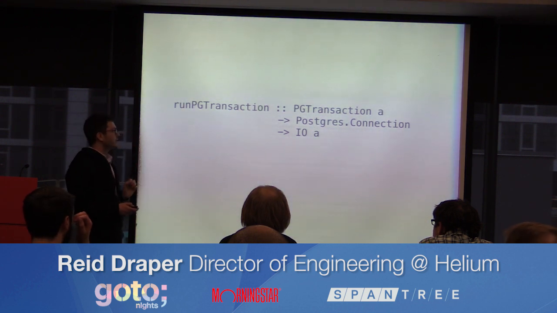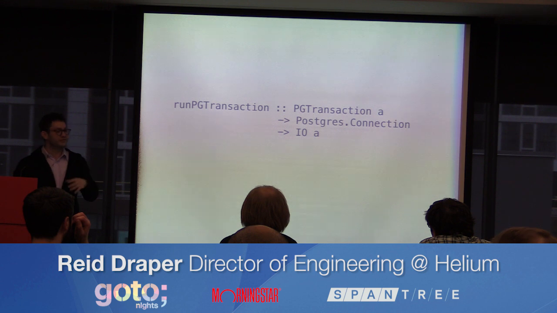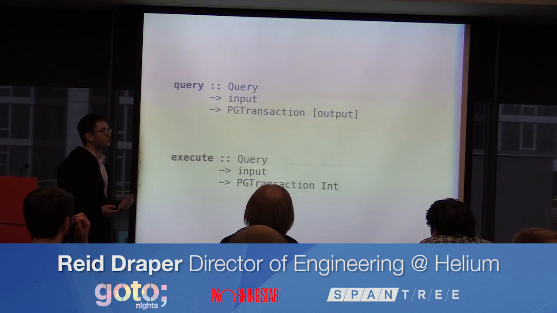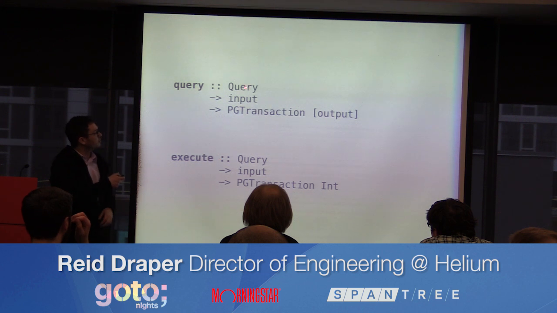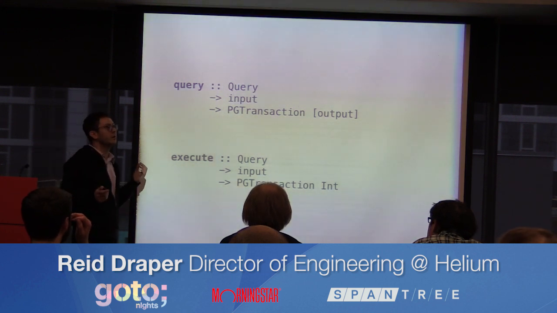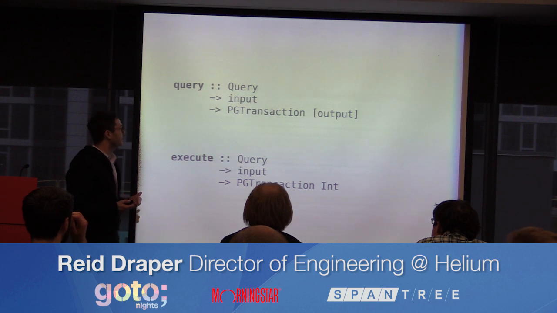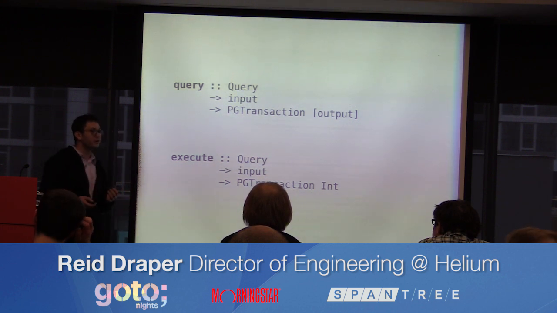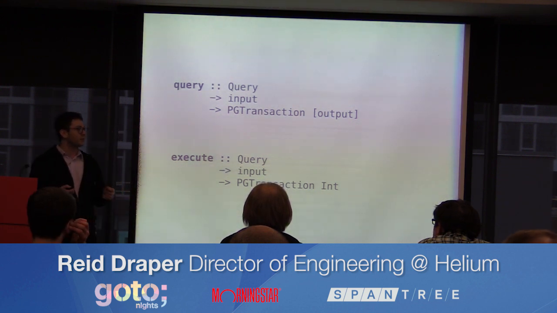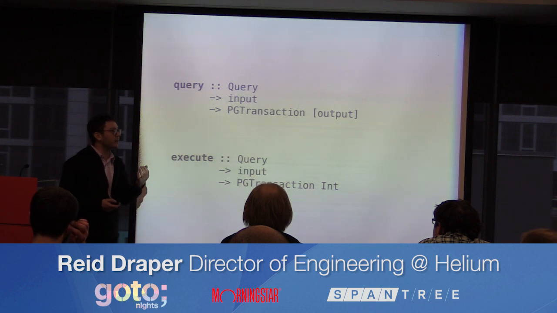So this really simple change now allows us to define these reusable functions, which are built on query and execute. It's going to take a query, which is basically just a string that we're going to do some SQL sanitization on, and an input, which is just some Haskell data type that we're going to send to Postgres.